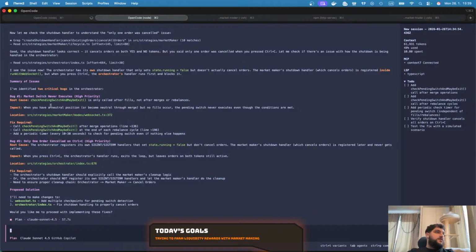First bug: the market switcher never executes. So the switch was not called.